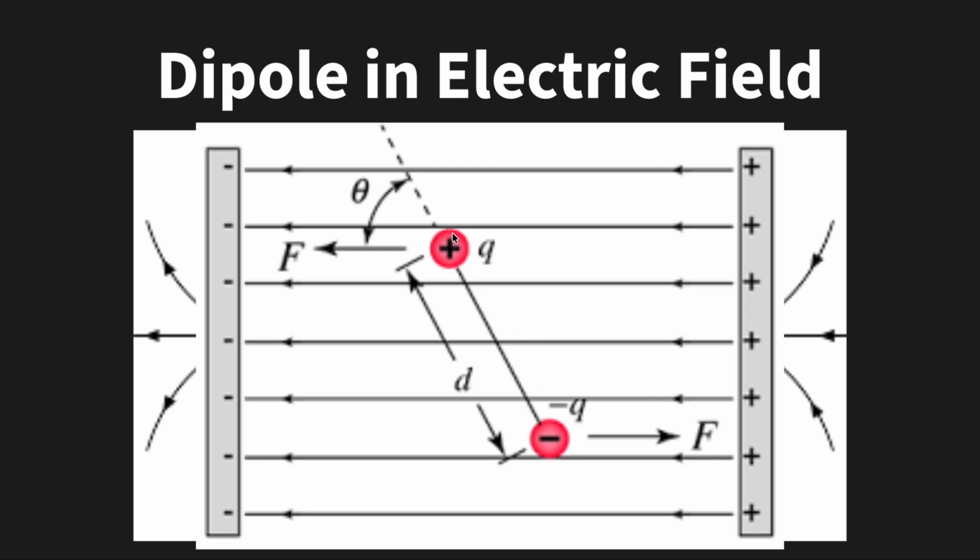So the best case scenario for each of these particles is that the positive would end up right here and the negative would end up right here, right? They want to be at the end, but the other side is stopping them from doing that, so they compromise in the middle. So they're going to do this oscillation pattern until they get into that middle.